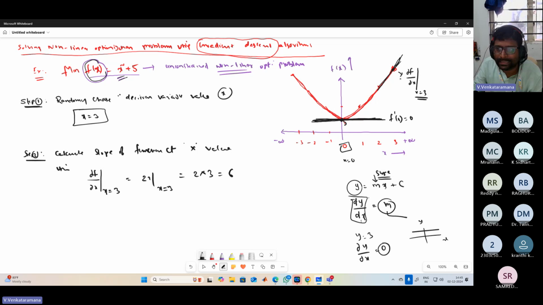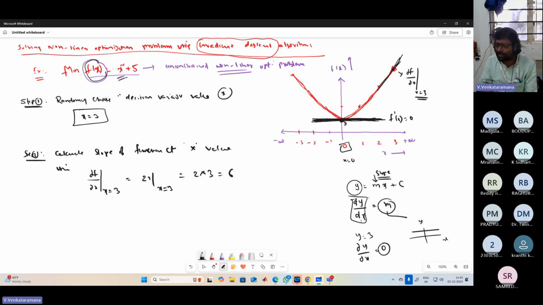Our ultimate goal is to update our x value in such a way that the gradient or slope equals 0. When the gradient or slope equals 0, that point will be the minimum point, right? At the minimum point, if you draw the tangent, it will be parallel to the x-axis. That means the slope equals 0. That means the gradient equals 0.